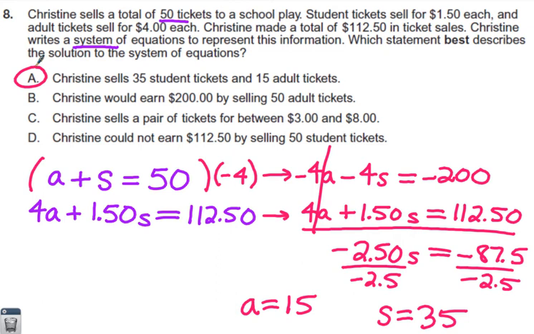We also could have worked the problem backwards from the choices, but I like what we did here. I like actually writing the system, solving it using the elimination method, which I call the addition method, and figuring out that the best answer is A.